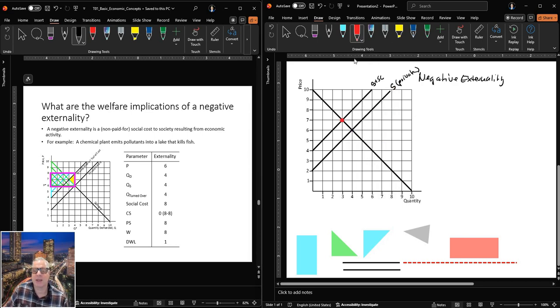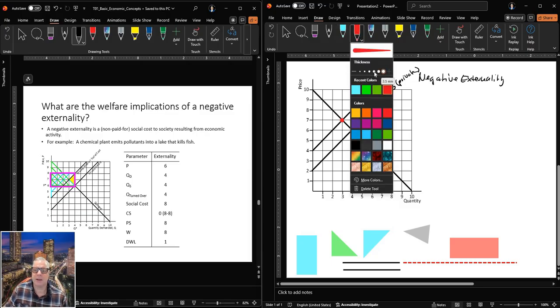And this is now becoming our reference scenario. So let's first take a look at the market equilibrium or the social optimum.